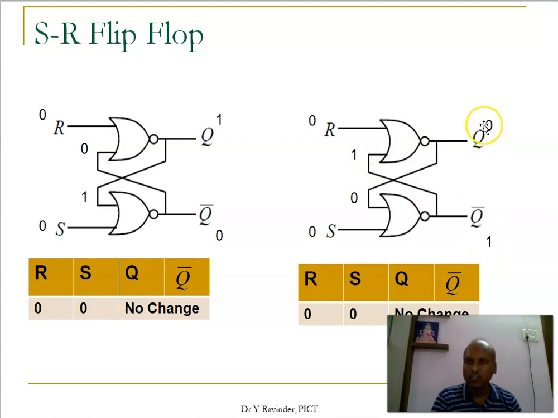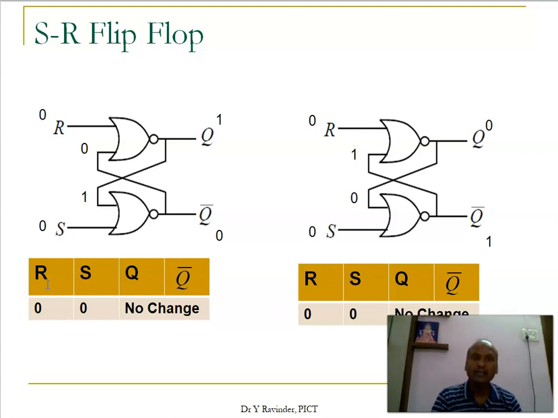So if it was 0, by setting this 0 and 0, it will remain at 0. If it was 0, by setting this 0 and 0, this 1 comes here, 1, 0, this is 0, 0, 0, 1. Or when this is 0, this is 0, this is already set to 0, 1 and 1, so 0. So when R is 1, set is 0, output is 0.